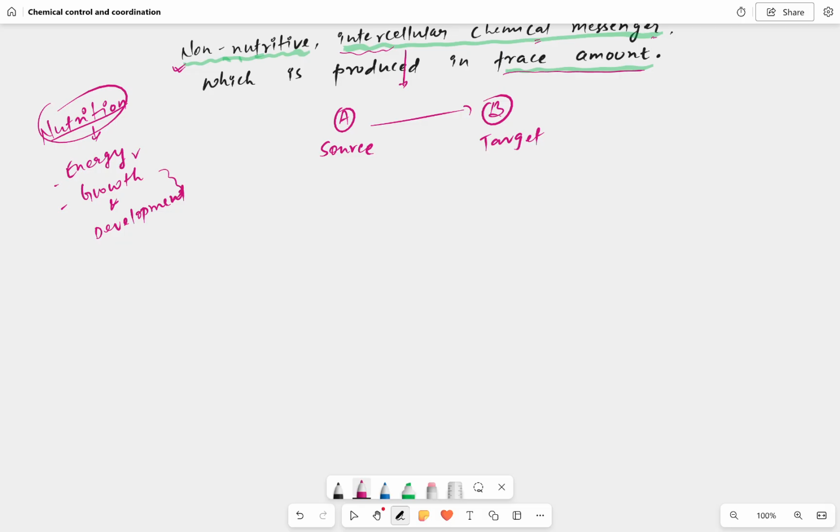Based on that, we are now dividing the hormones: types of hormones based on chemical nature.